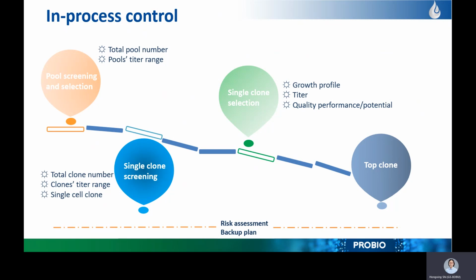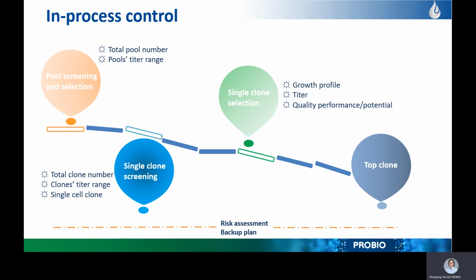In the cell pool screening stage, what needs to be controlled is the total number of cell pools obtained and the cell pool expression level range. Only after these 2 points have reached the standards can we consider that our process executed correctly and the screening results are reliable. For the clone screening stage, also, what needs to be controlled is the total number of monoclonal clones obtained in the screening process, the distribution of clone expression levels, and whether the monoclonality images meet the requirement.